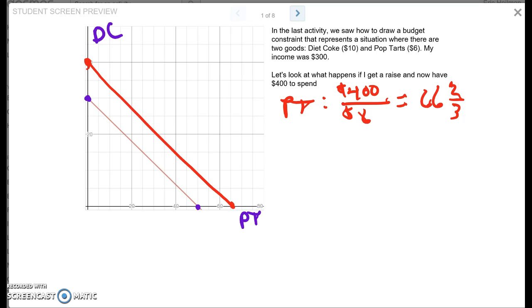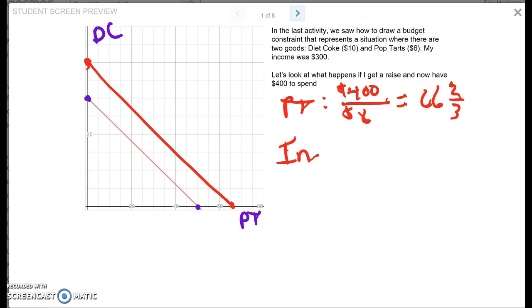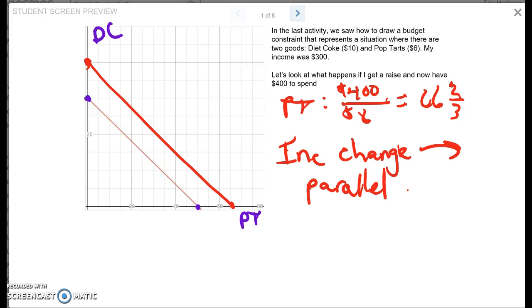So what we get is income changes create a parallel shift in the budget constraint line. So if your income increases, the budget constraint is going to shift outwards.